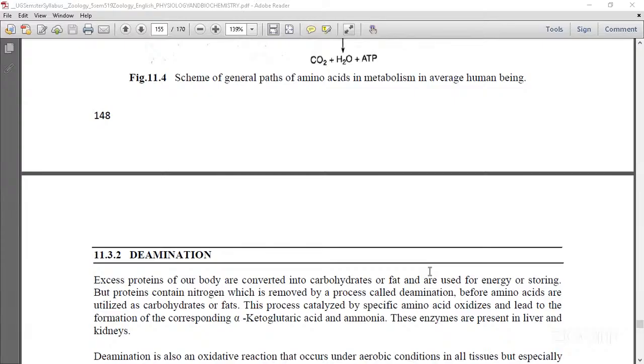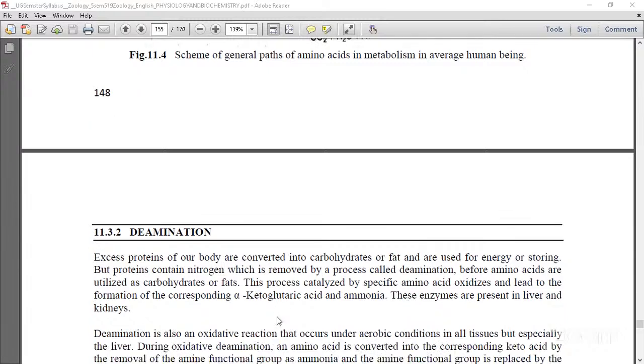Before amino acids are utilized as carbohydrates or protein, whenever an excess amount of protein is present in the body, the deamination reaction happens. This process is catalyzed by specific amino acid oxidases and leads to the formation of the corresponding alpha-ketoglutaric acid and ammonia.